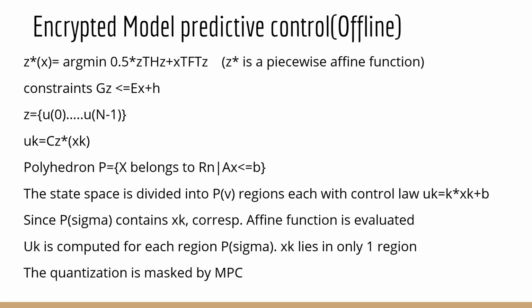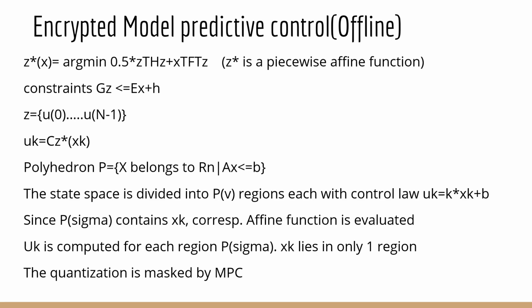You can do this in two ways to find out where x of k is. Either the sensor identifies the current active region and gives the cloud the correct sigma, or the cloud evaluates u of k for all the sigmas and the actuator receives all and decrypts all. So the computational overhead again increases. That's it for offline optimization.